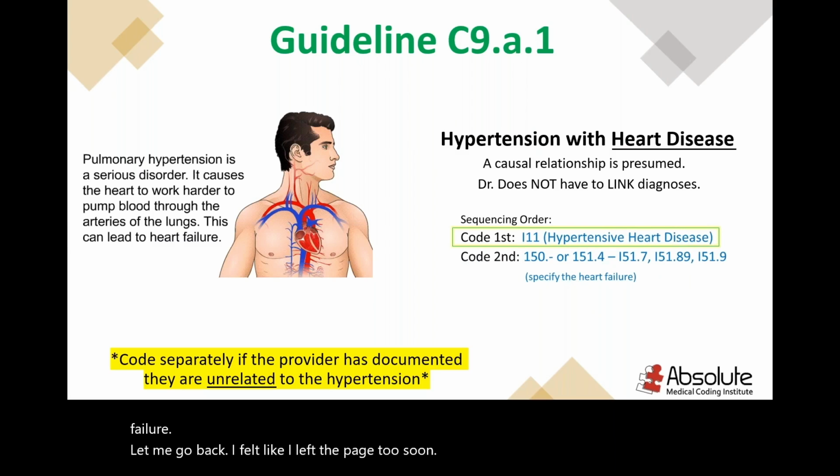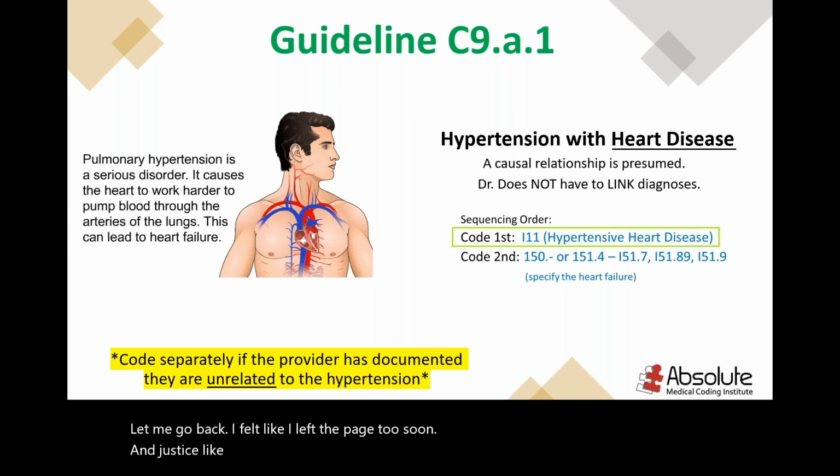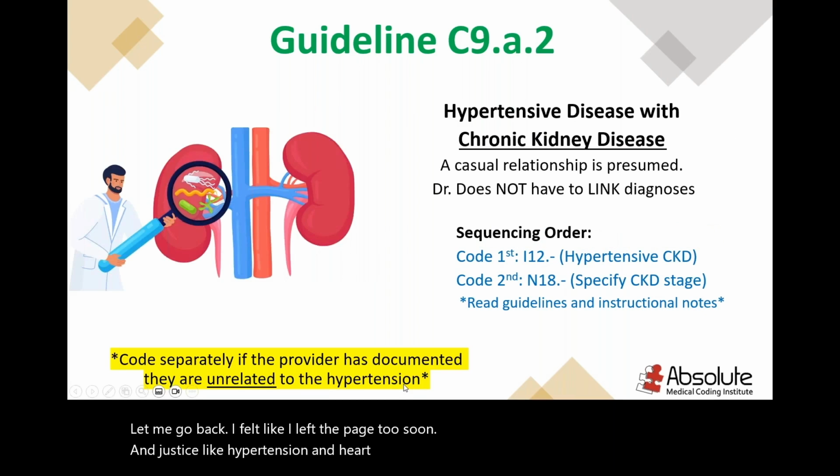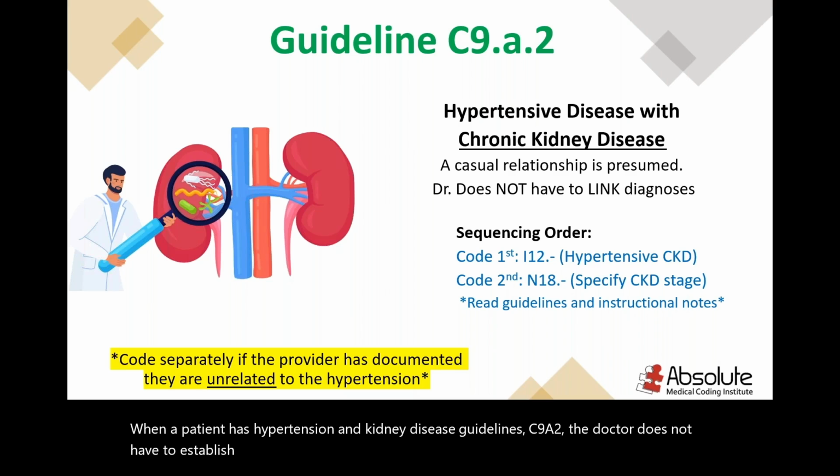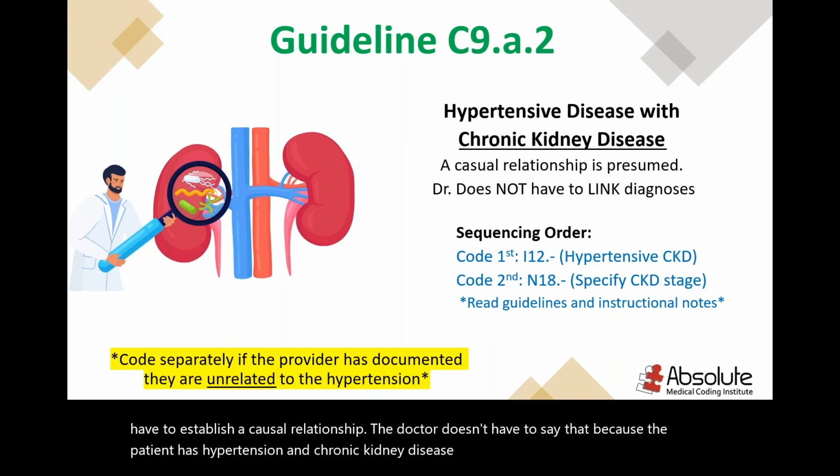And just like hypertension and heart disease, when a patient has hypertension and kidney disease, guideline C9A2, the doctor does not have to establish a causal relationship. The doctor doesn't have to say that because the patient has hypertension and chronic kidney disease, they have hypertensive CKD.